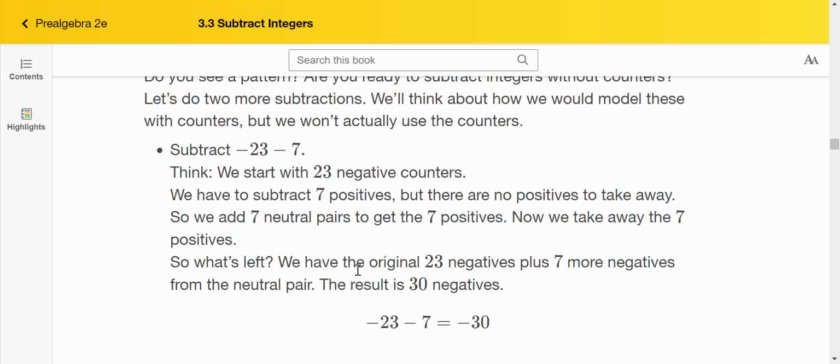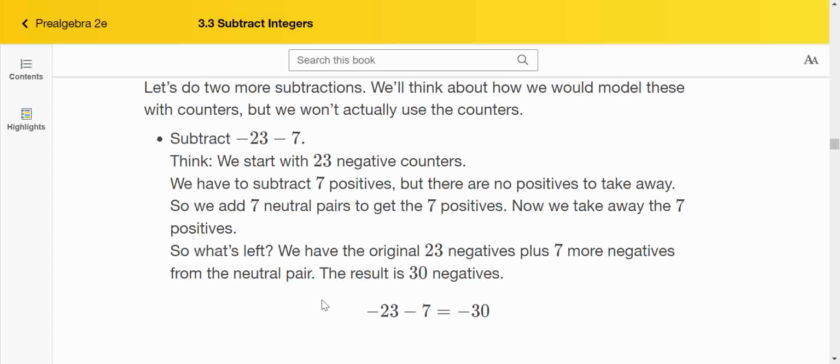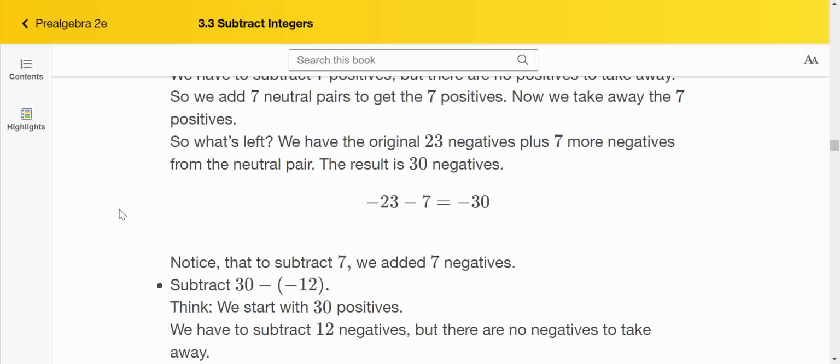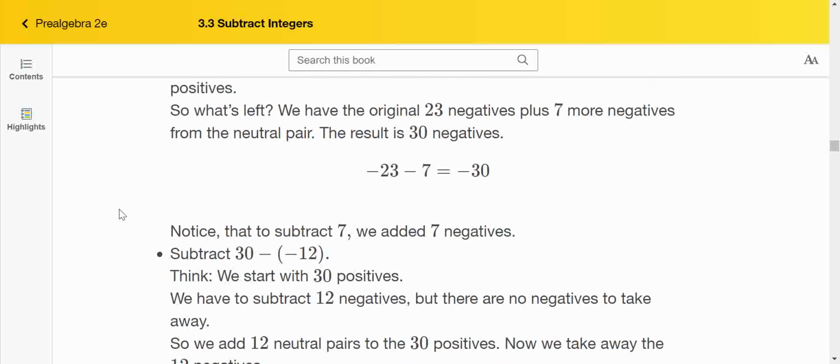We have the original 23 negatives plus 7 more negatives from the neutral pair. The result is 30 negatives. Minus 23 minus 7 is equal to minus 30. Notice that to subtract 7, we added 7 negatives.